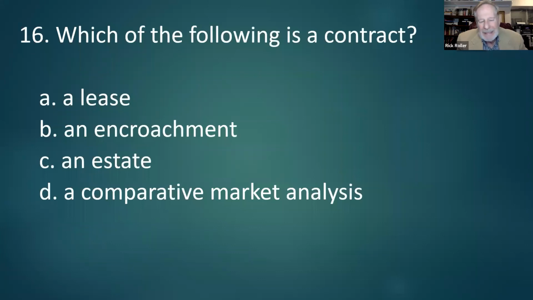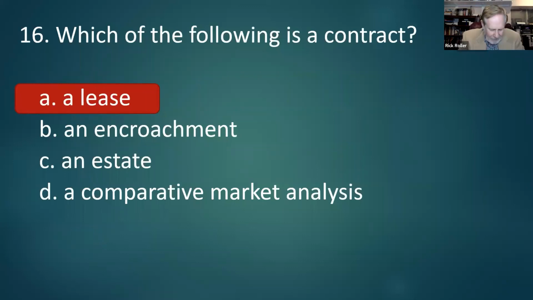An estate could be transferred with a contract, but that's not a contract either. That's an ownership interest. And D, a comparative market analysis. That's what we do when we're trying to get a listing and come up with a price for them. So the correct answer to 16 is A. It's a lease, and sometimes they're called lease contracts.